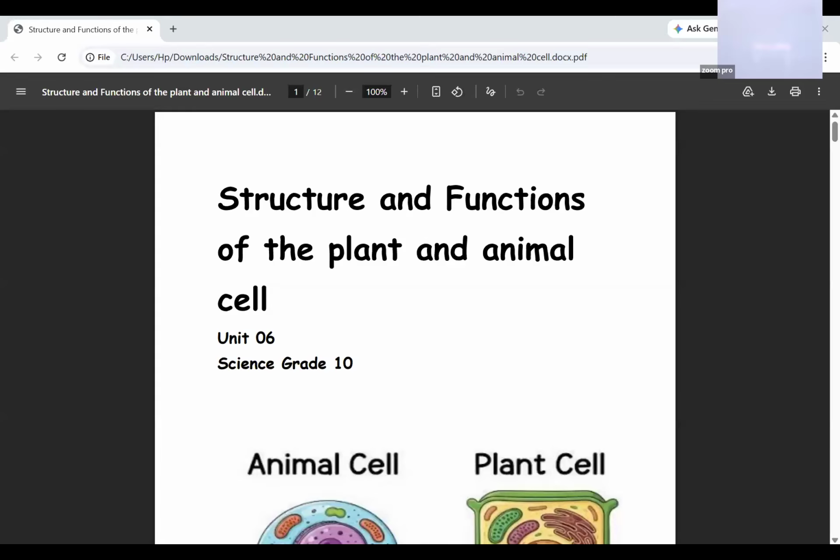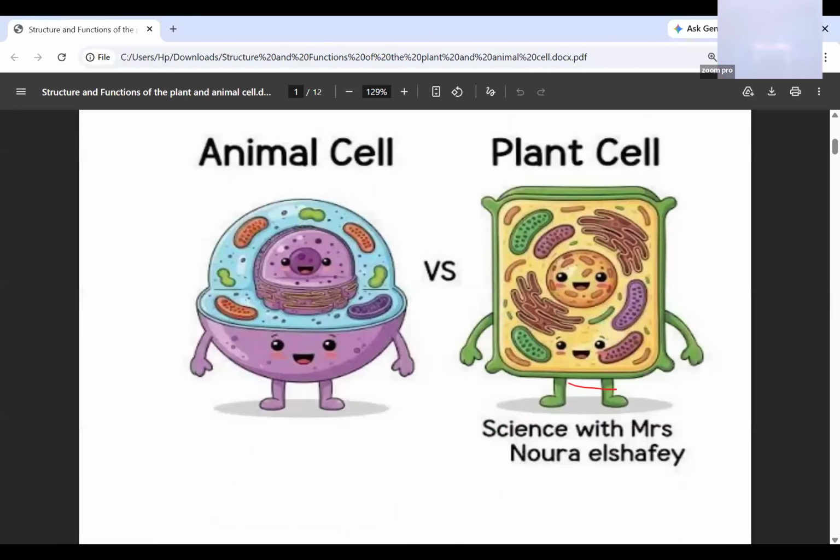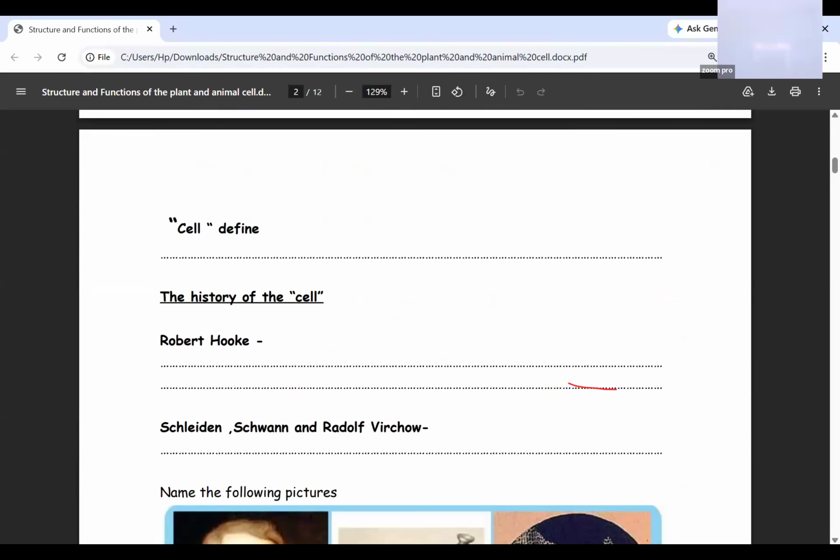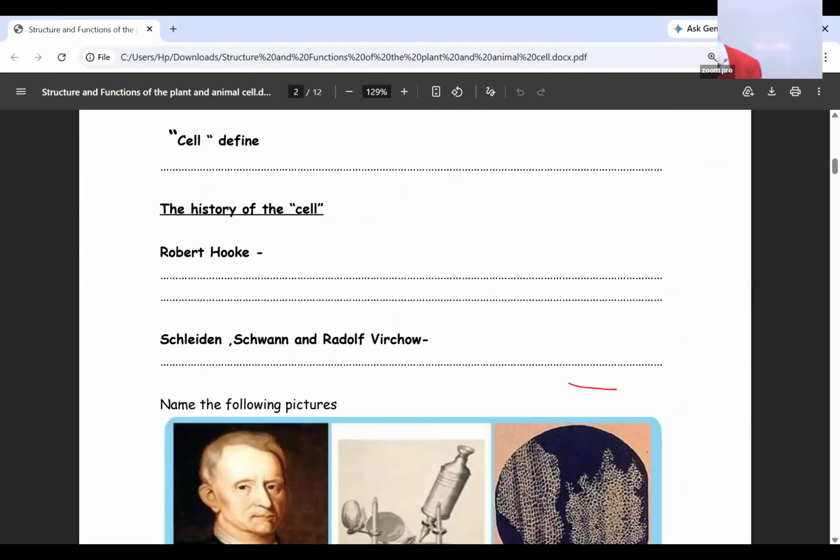Here. You can see that clearly. Right? Yes, okay. And first we have to complete these parts, right? First you have to define the cell, right? Then we'll have a discussion, right?